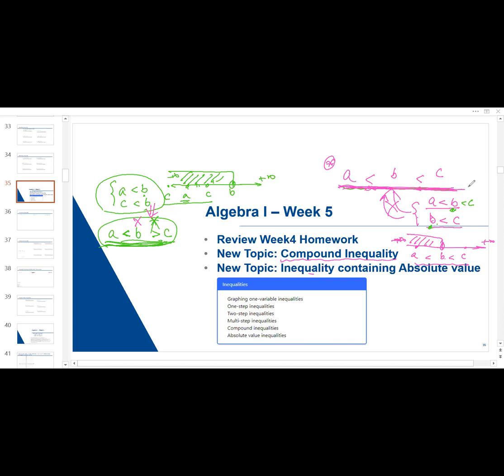Second, the properties do not change. Earlier, with left side and right side, when we add the same number, they don't change. Here it is the same. We call the three sides left, middle, and right.